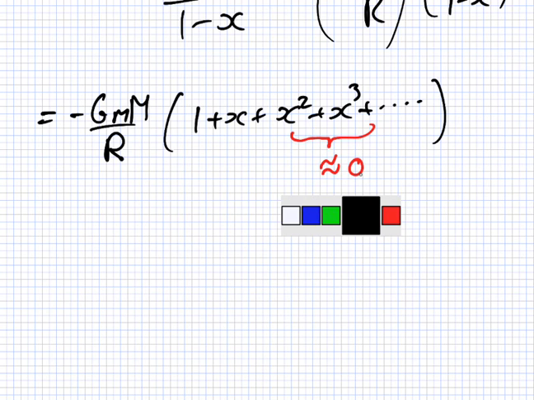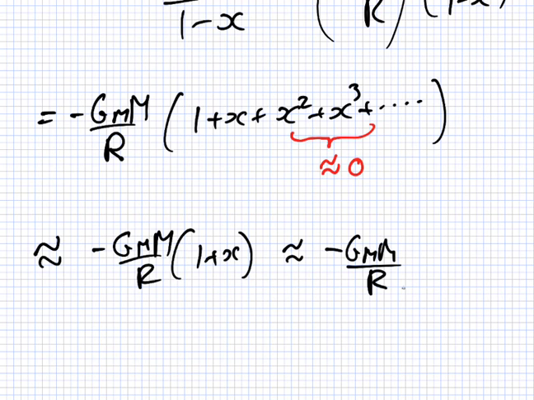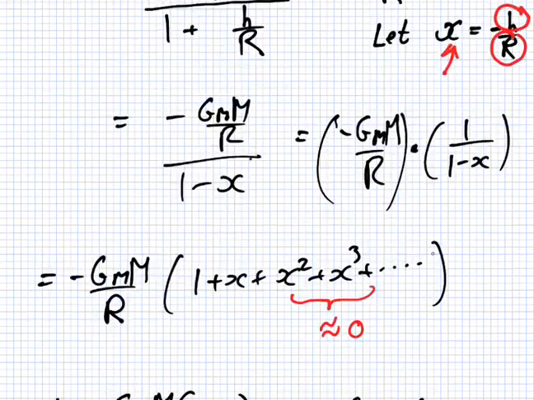And if you cube it, even smaller again. So we can say that this is roughly minus GMM over O times 1 plus X, and we said X was minus H over O.